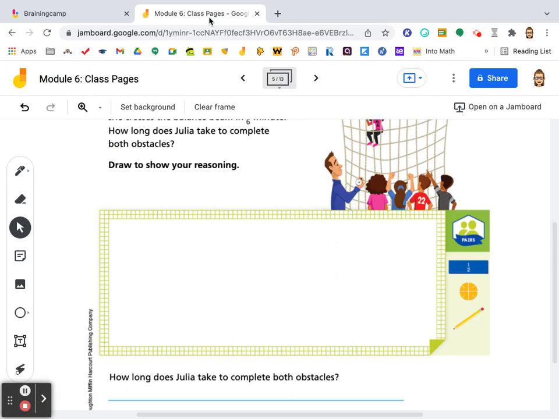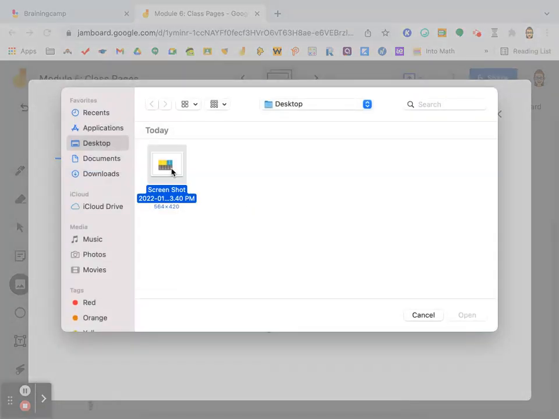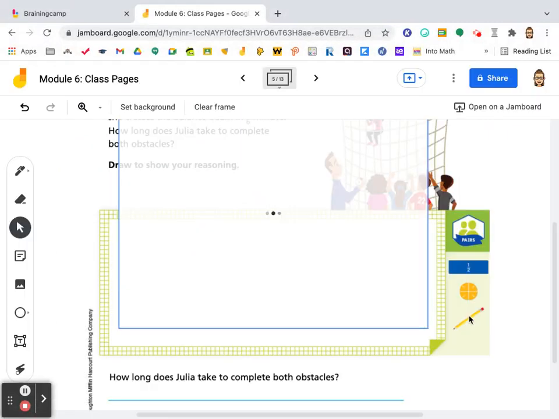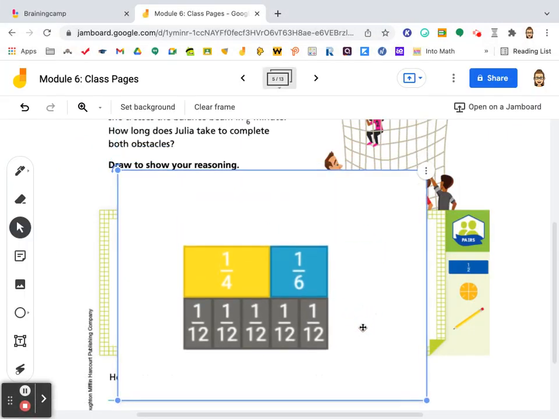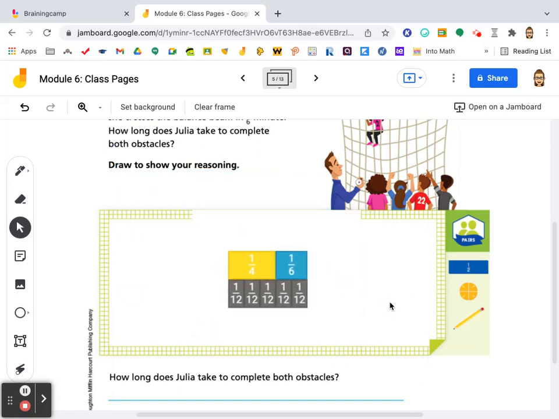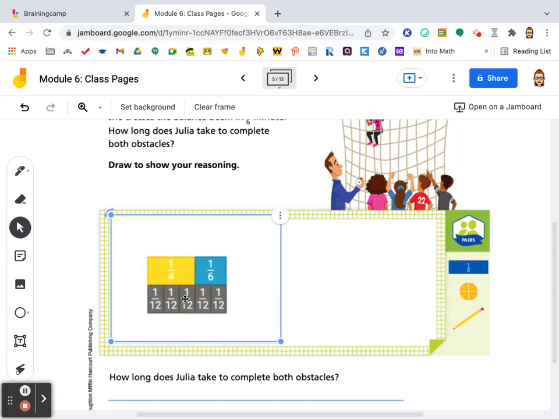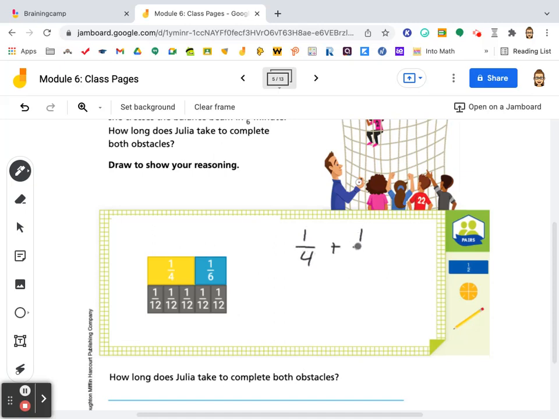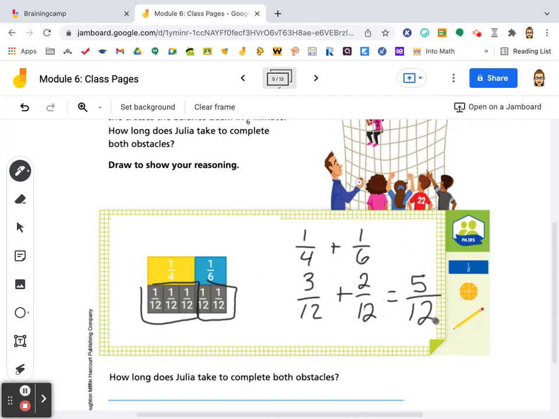So this would be our drawing. It would look like this. And we would have 1/4 plus 1/6, or 3/12 plus 2/12 would equal 3 plus 2 is 5/12.